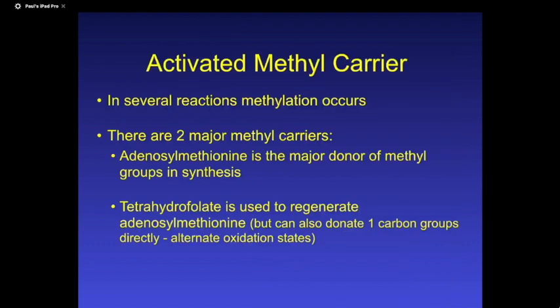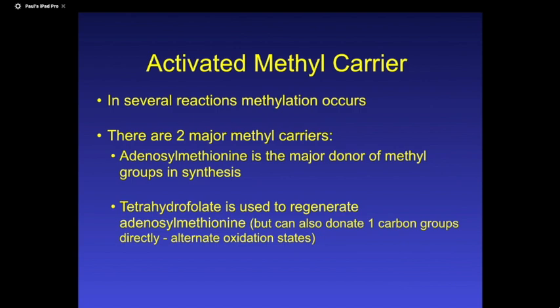Now, to continue on a couple of synthetic pathways, I need to introduce to you a methyl carrier. So ATP really can be thought of as an ADP that's carrying around a phosphate that can be transferred by kinases. All right, and the electron carriers can be thought about as carrying a hydride around, like NADPH carries a hydride.